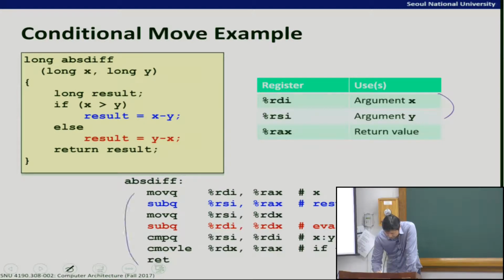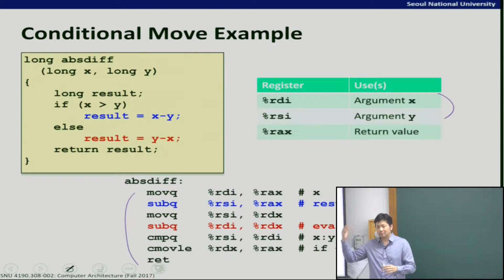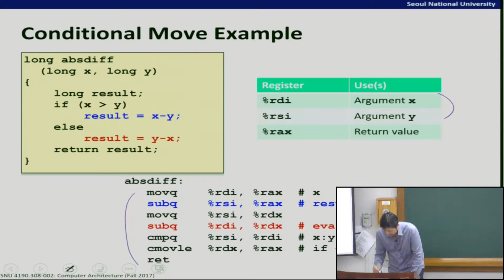If you look at this code, there's no branch, no jump instruction, because we use conditional move instead. The idea is you execute both the then path and the else path, but you effectively nullify one of the paths.